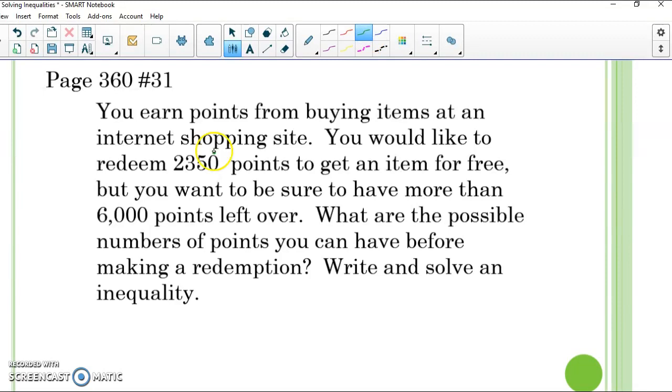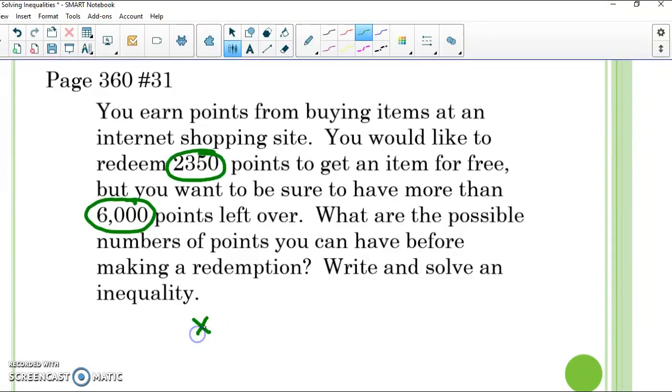So let's identify our key information. But I also know I want to have at least 6,000 points left over. So we want to know the possible number of points I can have before making a redemption. So knowing that I have an unknown total of points, I'm going to need a variable to stand for that.